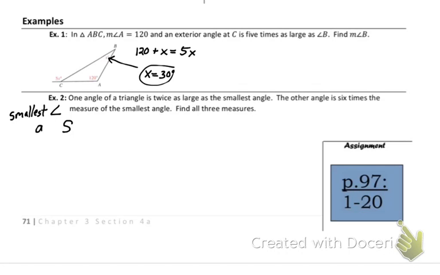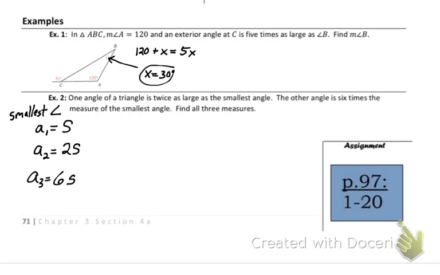I'm just going to call this angle 1. Angle 1 is my smallest one. Angle 2 is going to be twice as large as the smallest angle, so that's 2 times S. And the third angle is 6 times the measure of the smallest angle. So angle 3 is going to be 6 times S.